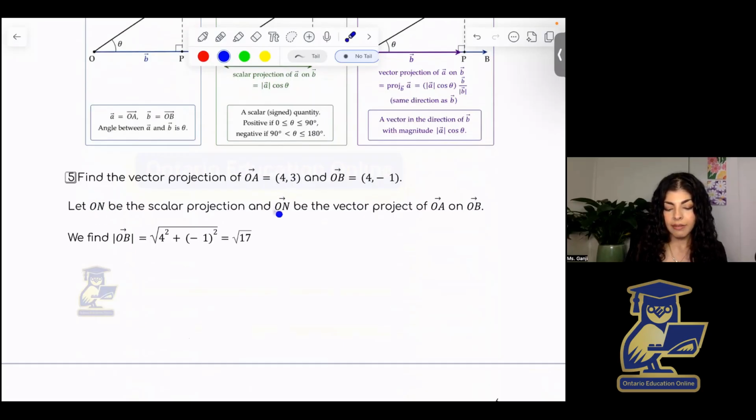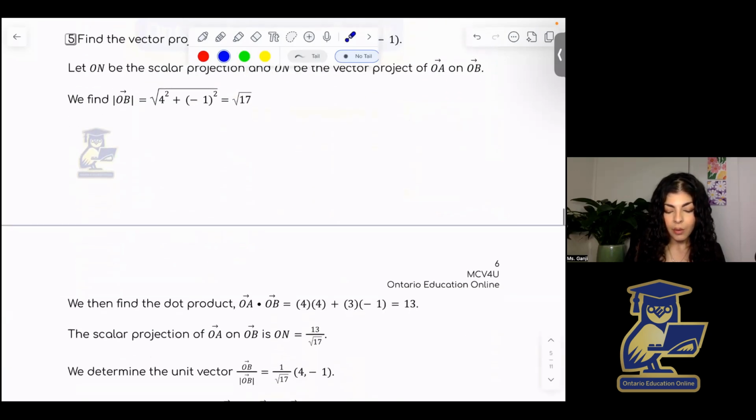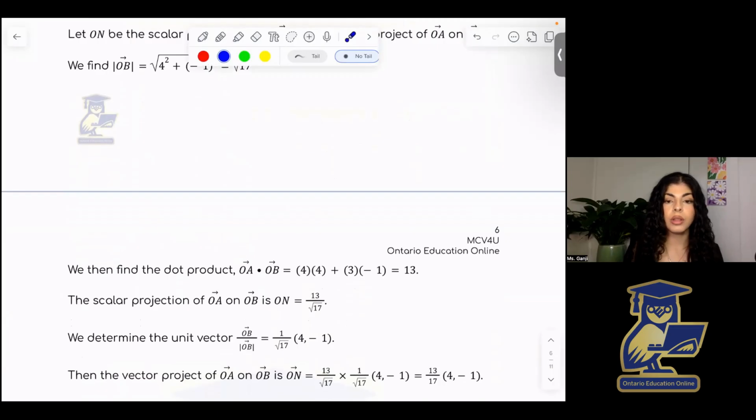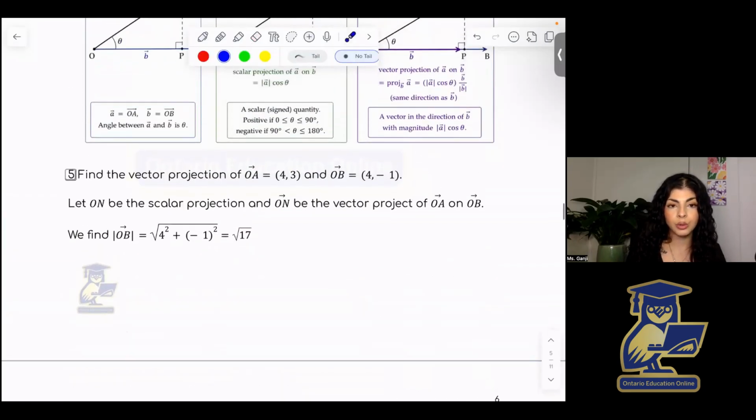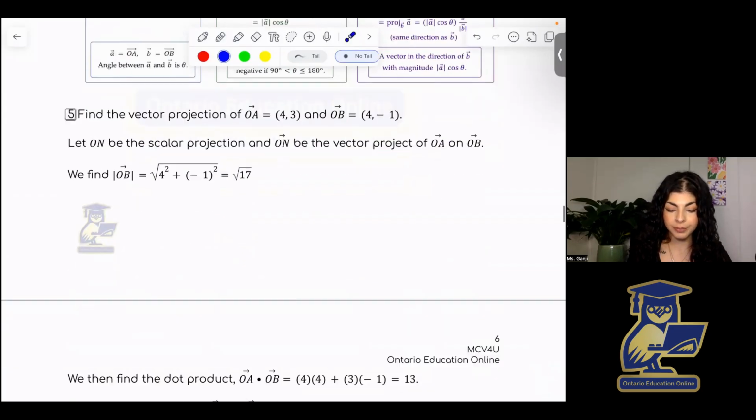And ON as a vector is going to be the vector projection of OA on vector OB. First we find the magnitude of vector OB, which is the square root of 4 squared plus negative 1 squared, so square root of 17. Again, I'm just finding all the values that I need at the beginning, and then I go back to substitute them into my formulas for scalar projection and vector projection.